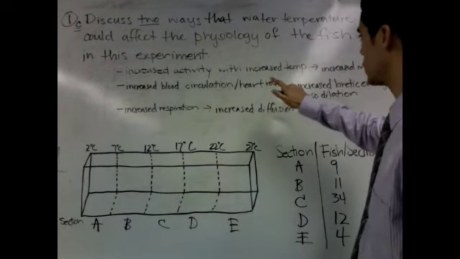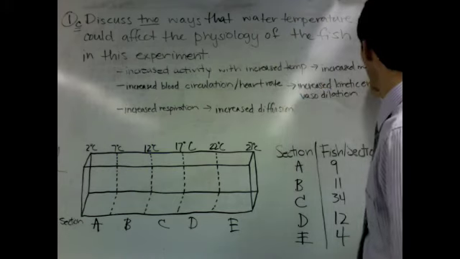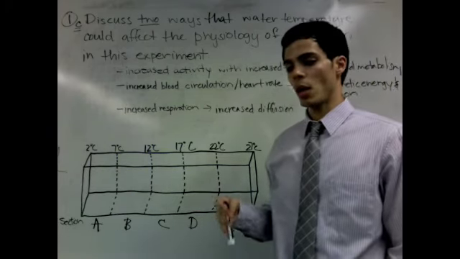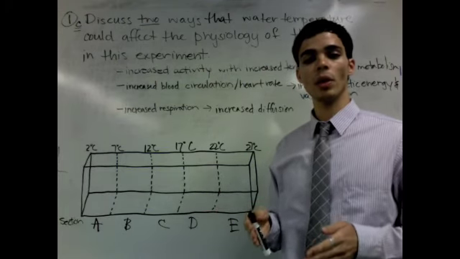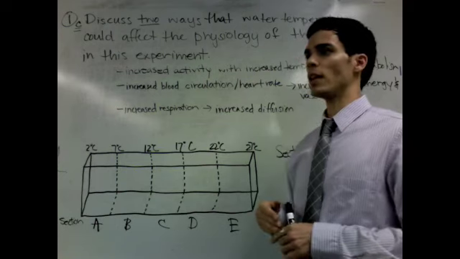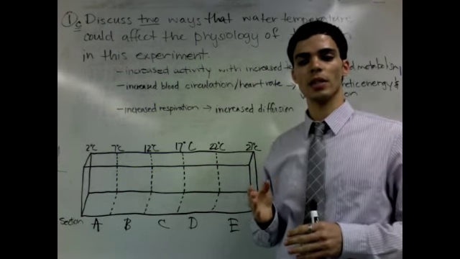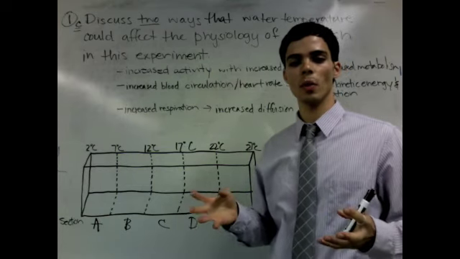Some things that we can expect to change physiologically is the metabolism. So the metabolism of an organism is the sum of all chemical reactions in the organism, such that when the temperature increases, the metabolism will also increase because of an increase in the kinetic energy and the movement of molecules throughout the organism.